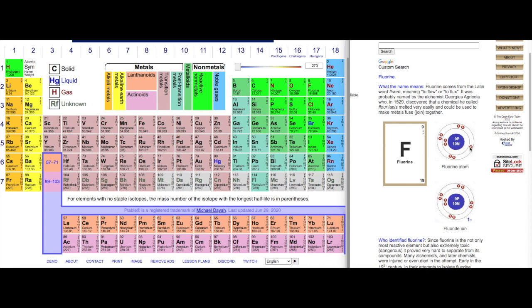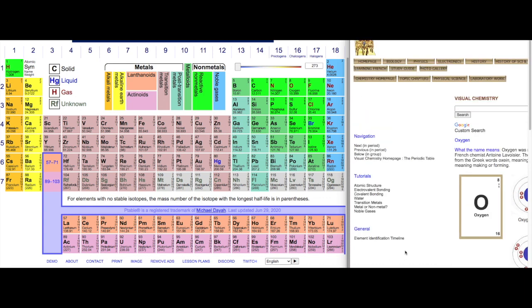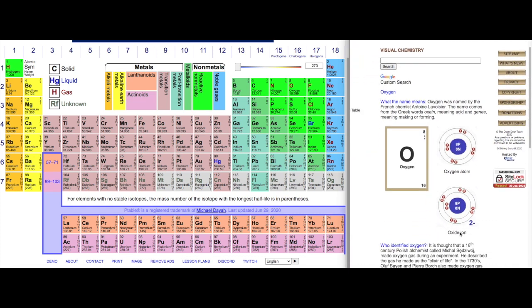So if it can find an electron to fill that outer shell, it's going to be more stable, and it's now going to have a -1 charge. And the same is true for everything below fluorine. The chlorine, bromine, iodine are all going to behave the same way and form -1 ions. And then to the left of fluorine, of course, is oxygen.